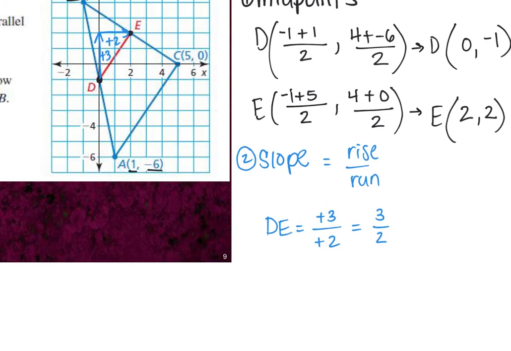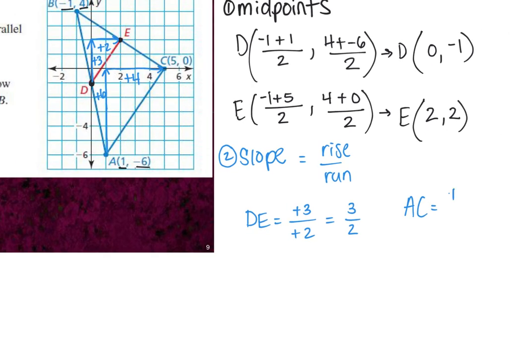All right, now AC, the slope, is going to look a little bit different, but is exactly the same. To go from A to C, we go up 1, 2, 3, 4, 5, how many? 6. Plus 6, and then to the right, 4. So our rise over our run is going to be plus 6 over plus 4.